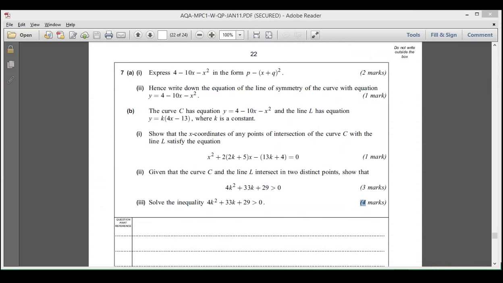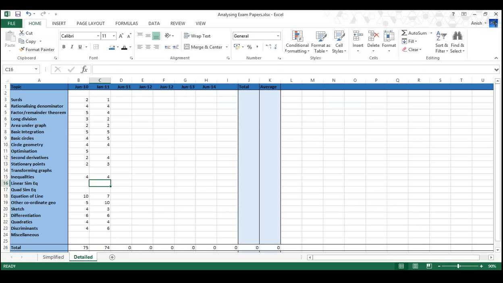And there was the 1 mark here. Show that the x-coordinates of intersection satisfy that. So all you're doing is you're making that equal to that. I could put that in anywhere really. I'm just going to put in quadratics. Alright, so that's that done.